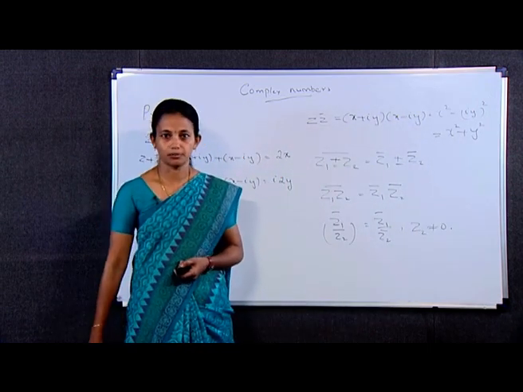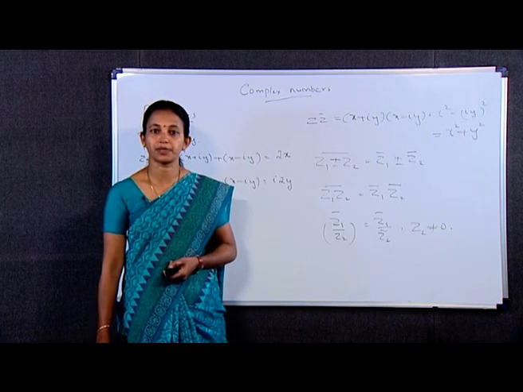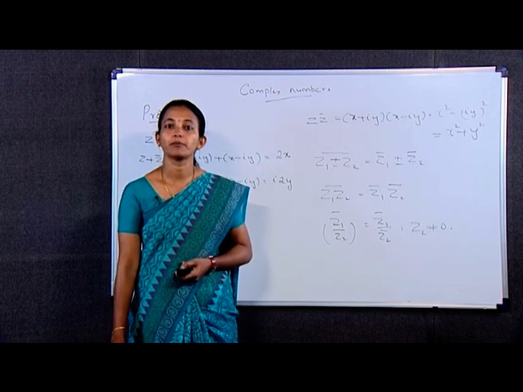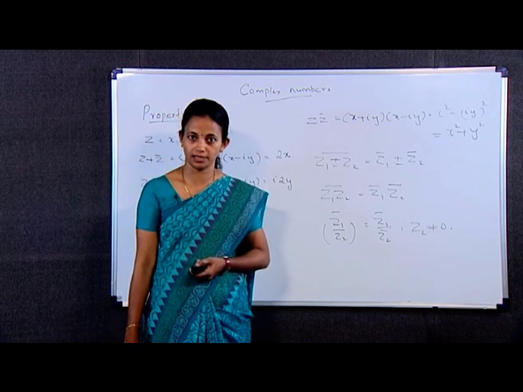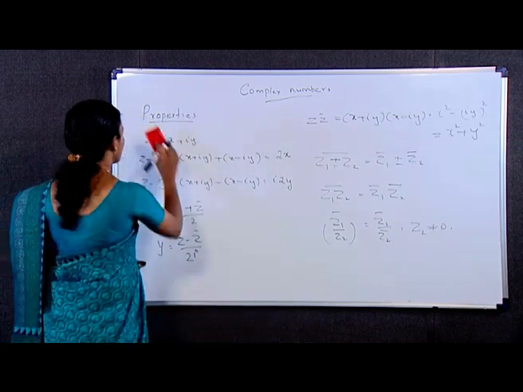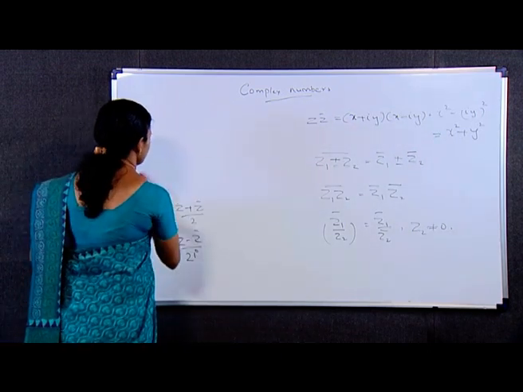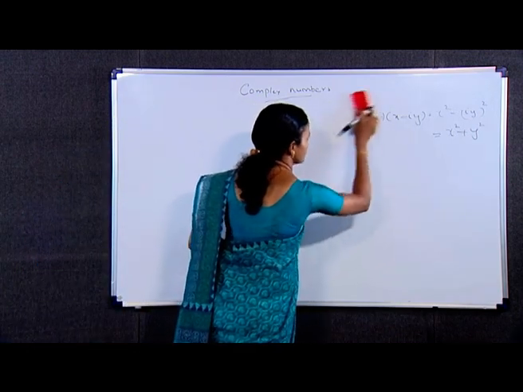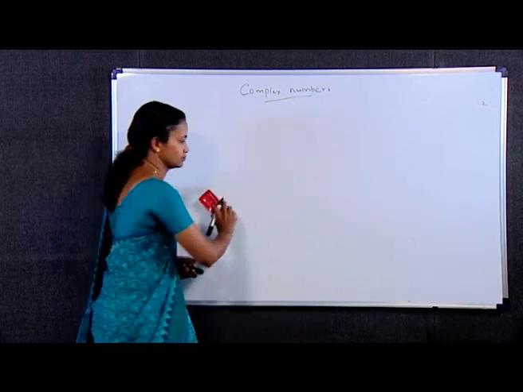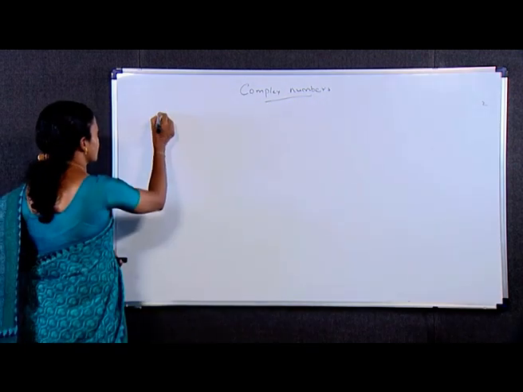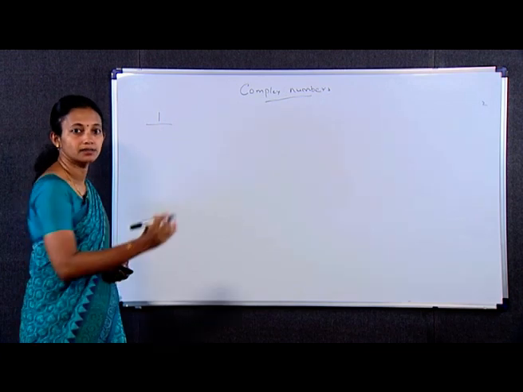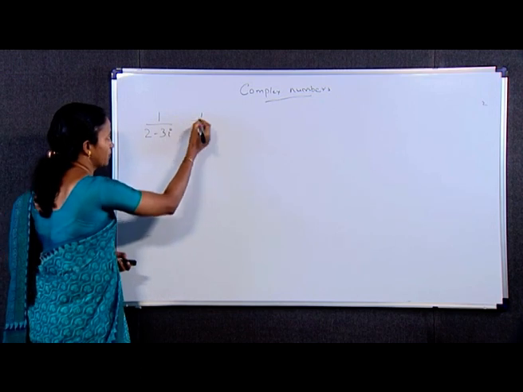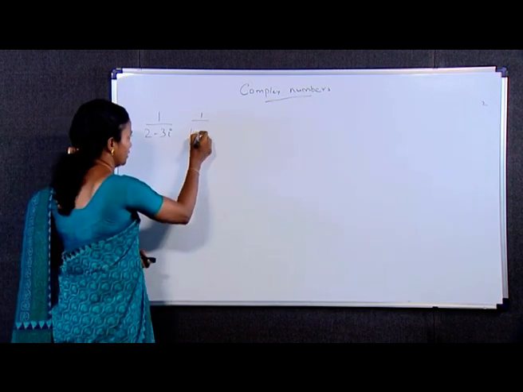Next we go through examples. We are going to express the product 1 by (2 - 3i) into 1 by (1 + i) in the form x + iy.